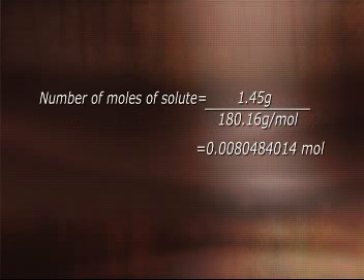We can do this by dividing the mass of the solute by the molar mass of the solute. 1.45 grams divided by 180.16 grams per mole gives us the answer 0.0084014 mole.